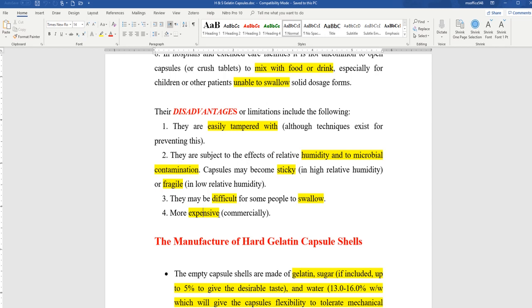It's bought from another company. So this is expensive because it is not the same company that makes everything. They will buy hard gelatin capsules from another company, and then they will fill the formulation in Gilfar. Okay, so Gilfar will only prepare the formulation.